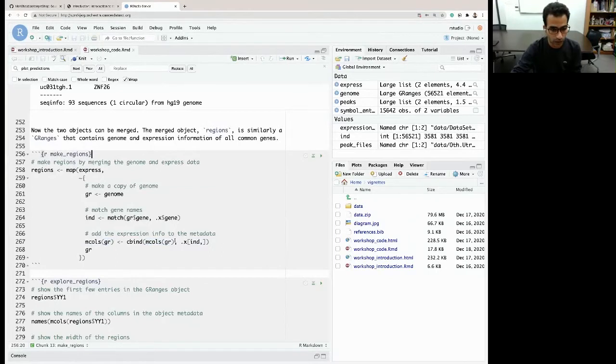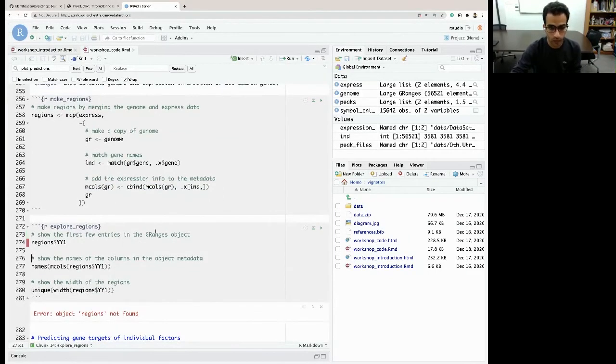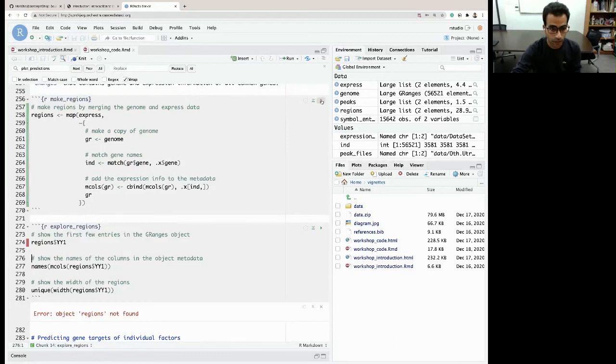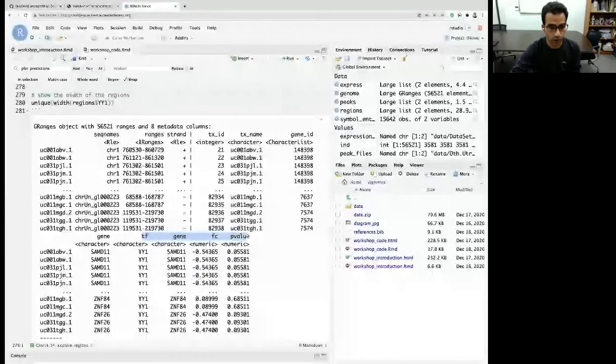And then if I execute that, okay, we get exactly the same object with the added columns.